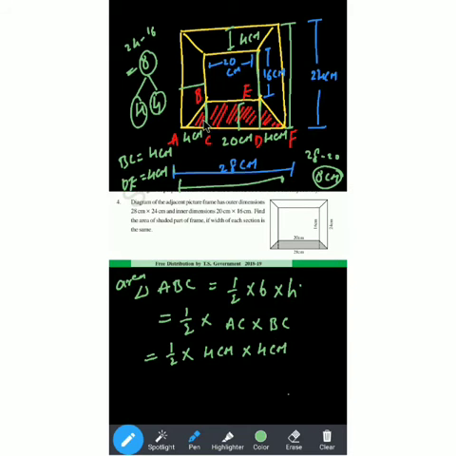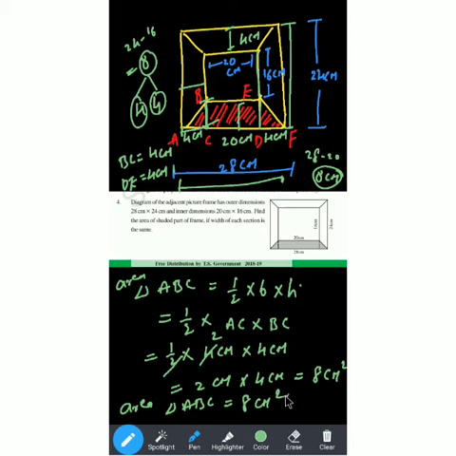So 2 centimeter into 4 centimeter, that is 8 centimeter square. So the area of triangle ABC is equal to 8 centimeter square. Remember that value.